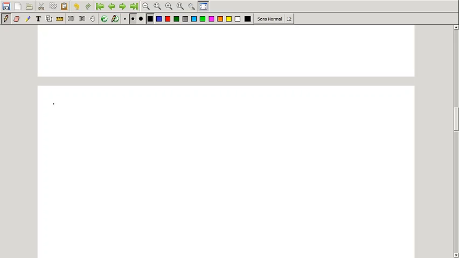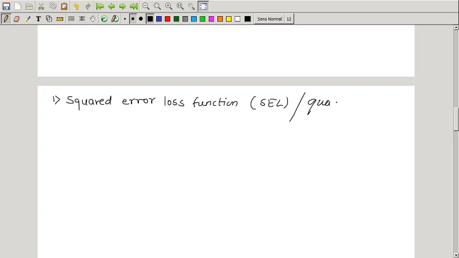So generally, there are three types of loss functions. One is the squared error loss function, which is also known as the quadratic error loss function.